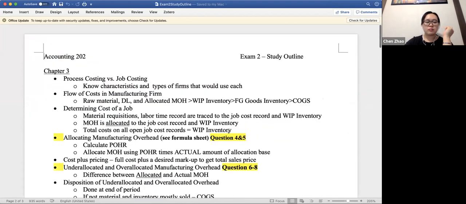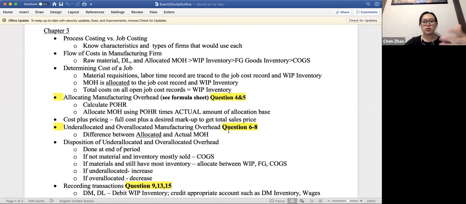I will not go through all these study materials, but I might highlight some of the questions and the most important materials, and we can talk about them.